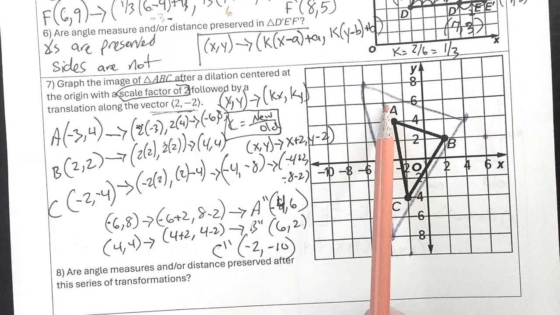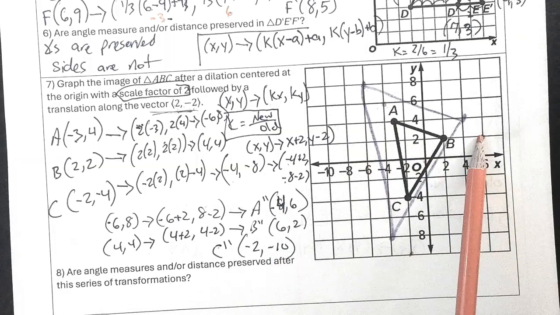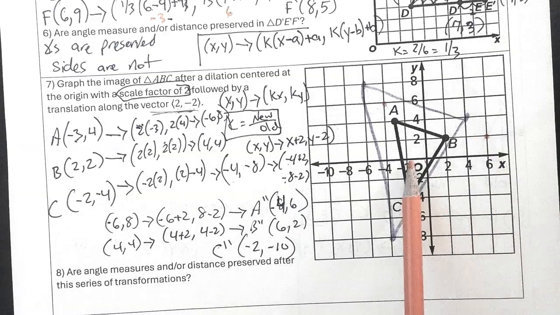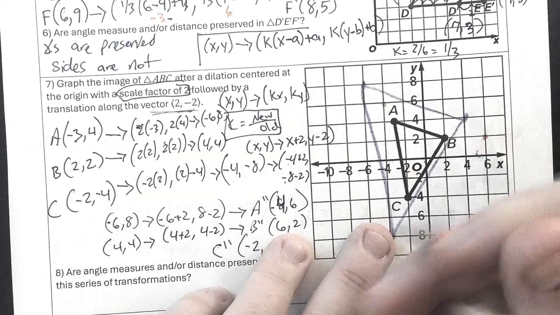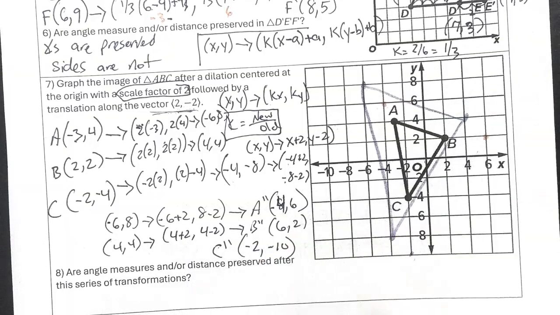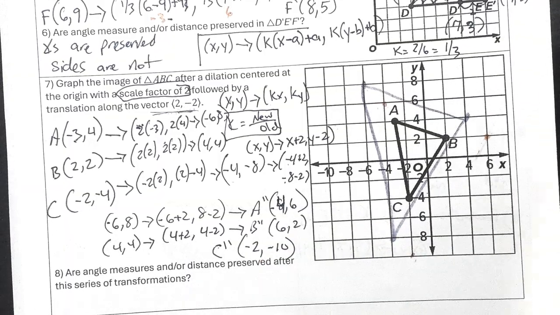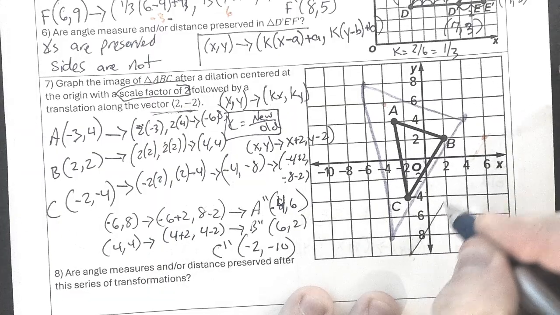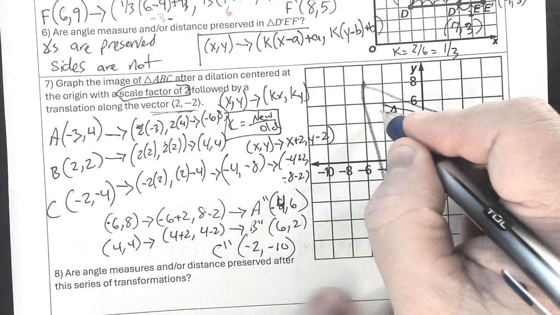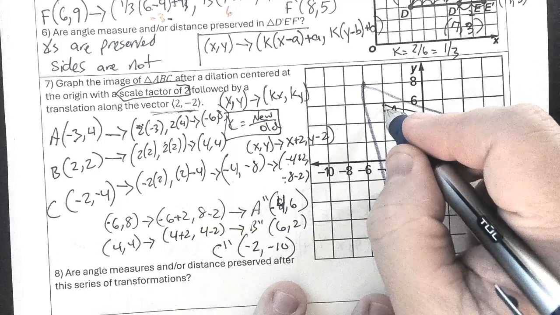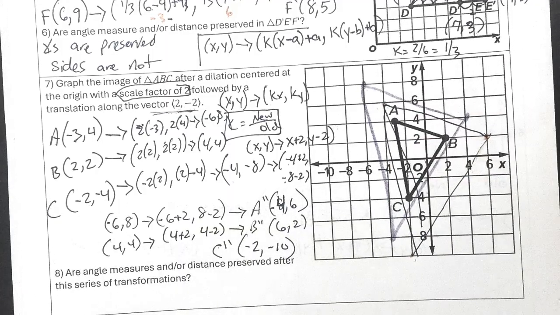So negative 4, 6 is right here. 6, 2 is here. And then negative 2, negative 10 is down here. Goodness, there went the rest of that pencil. Well, shoot. I went way off there. Sorry, ignoring my bad drawing, so it scooted over.